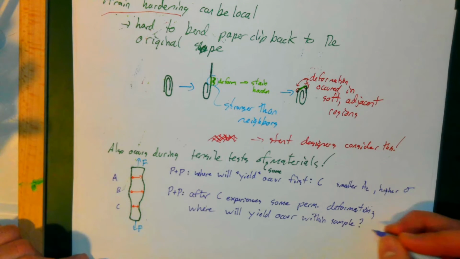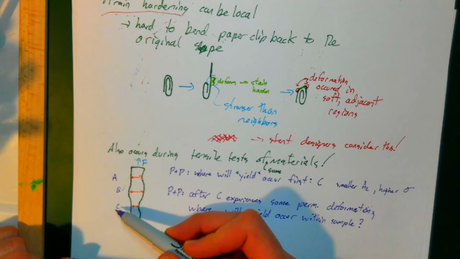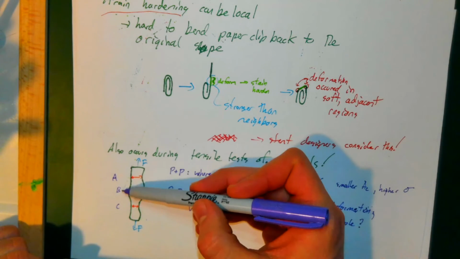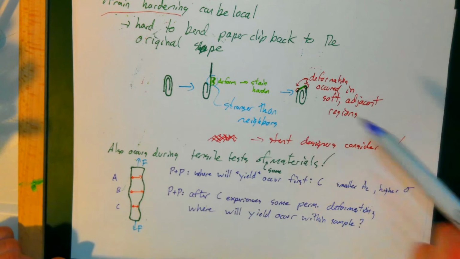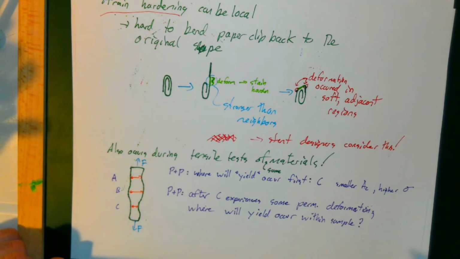So will it keep yielding in region C, or will region A or B yield? Take a moment now, pause and ponder.